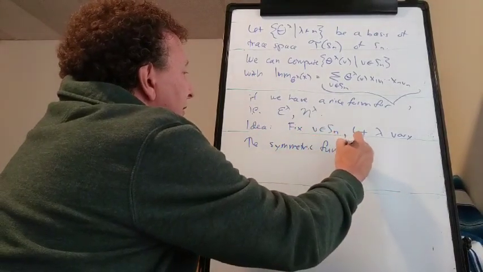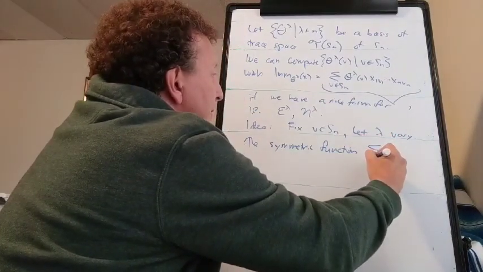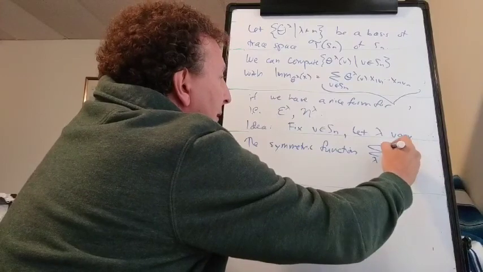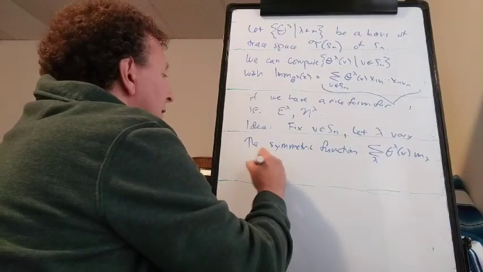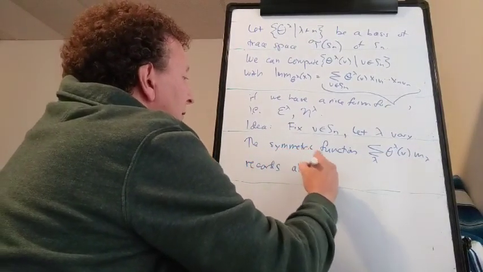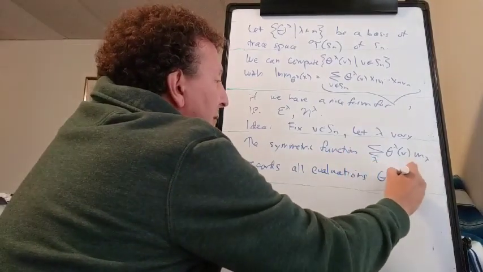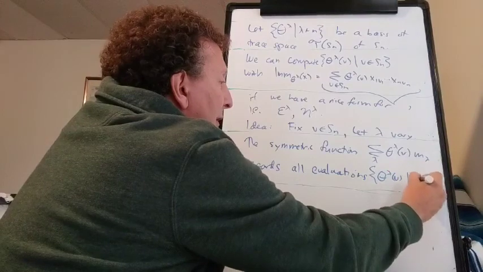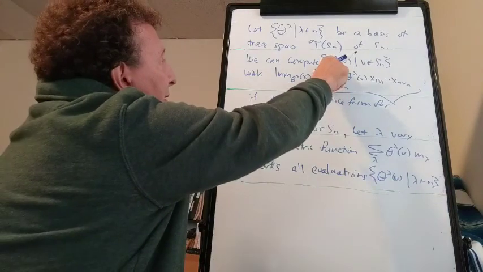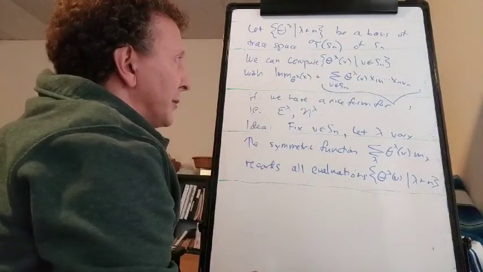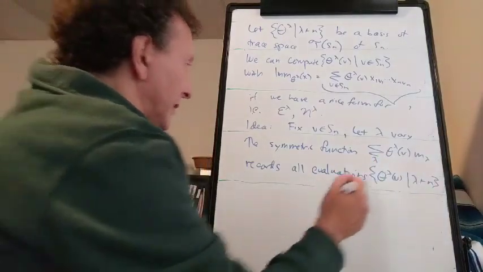Now, the symmetric function, the sum over lambda of theta lambda of v m lambda, records all of the evaluations theta lambda of v where lambda varies over all partitions of n. So here we're fixing lambda and letting v vary over all elements of the symmetric group, and now we're fixing v and letting lambda vary over all partitions of n.